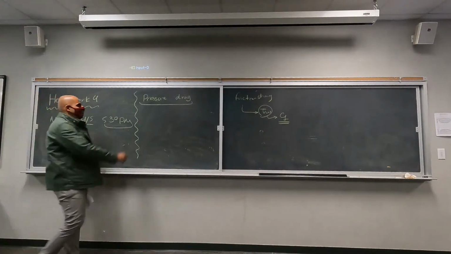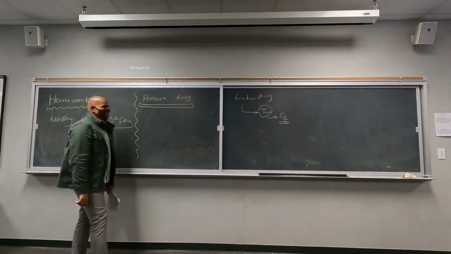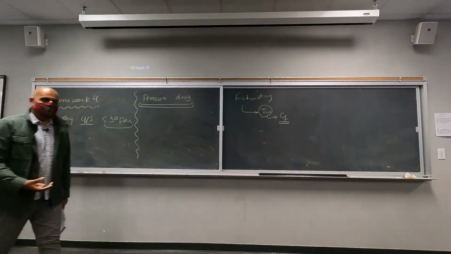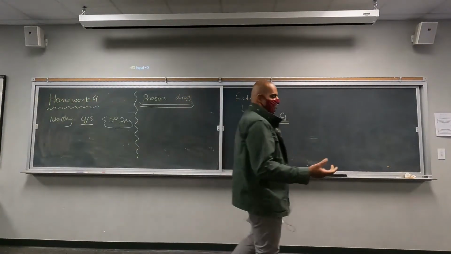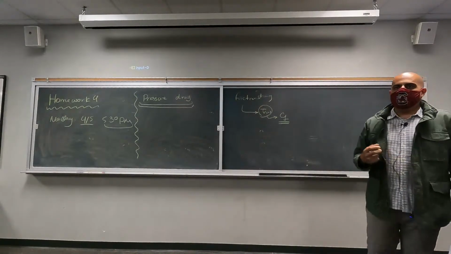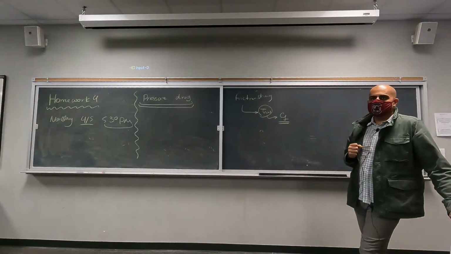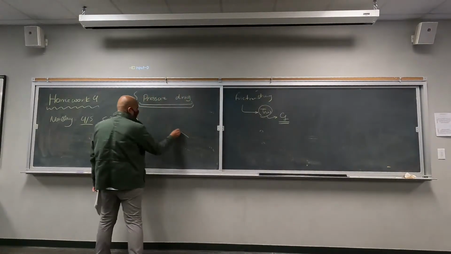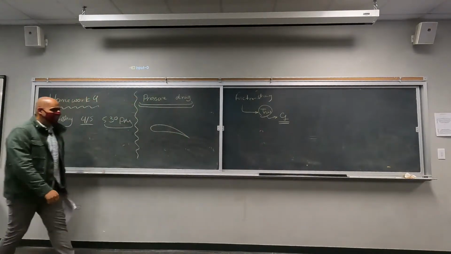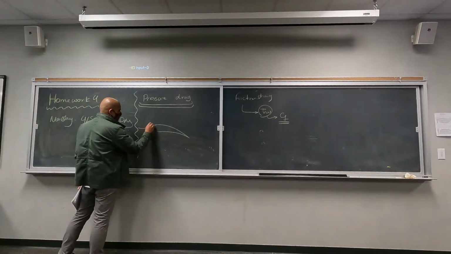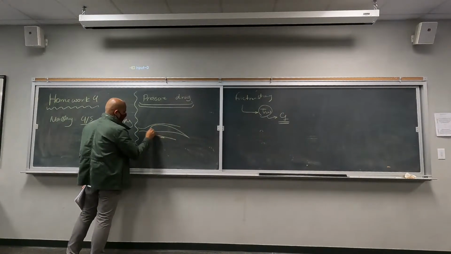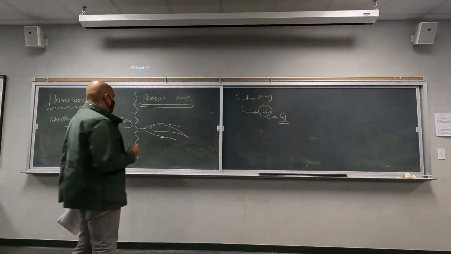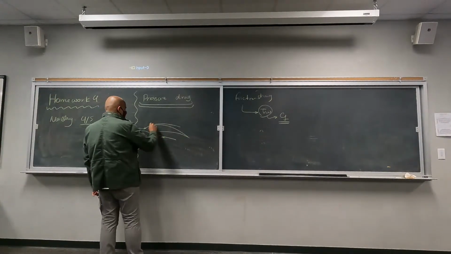But how can we analyze pressure drag? The first thing you want to know when it comes to pressure drag is why do we have the pressure drag? Why is this type of drag present on an airfoil? The idea is when you have flow on an airfoil, because of the friction, because of the viscosity, you will get the presence of boundary layers.